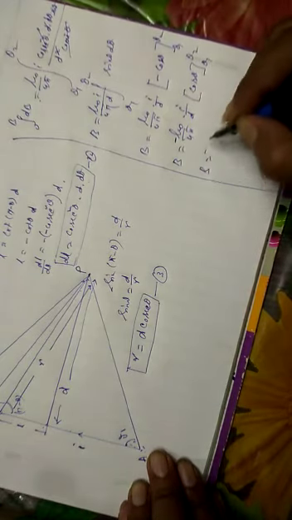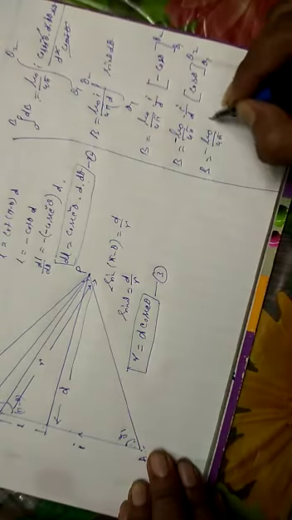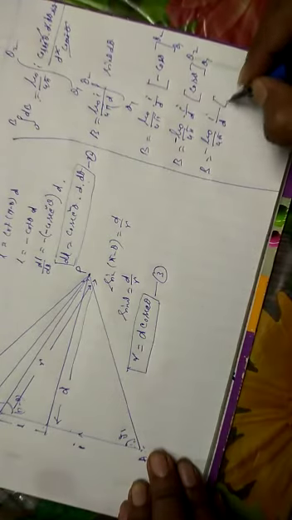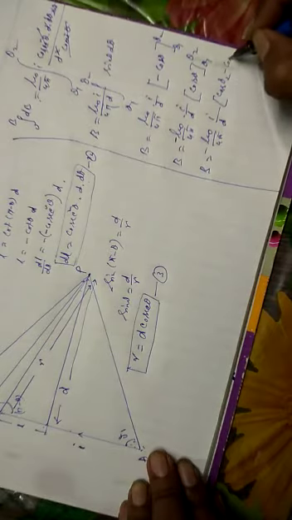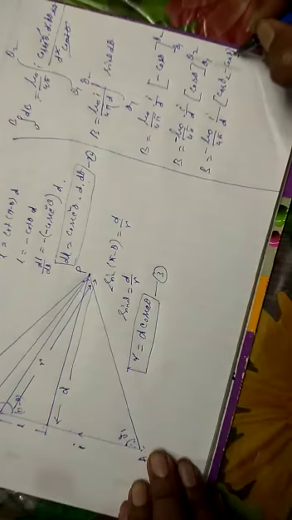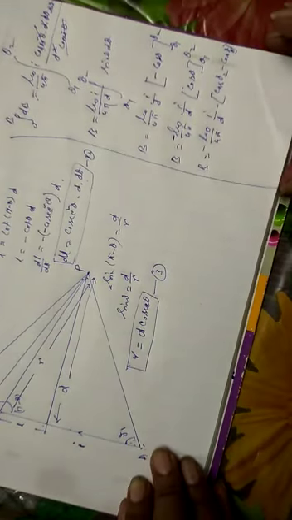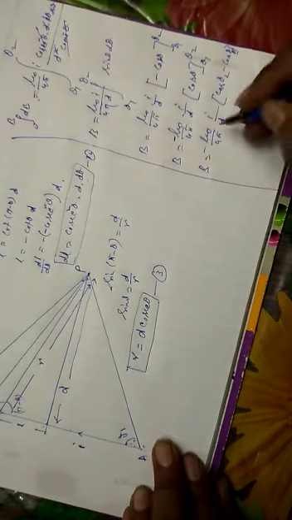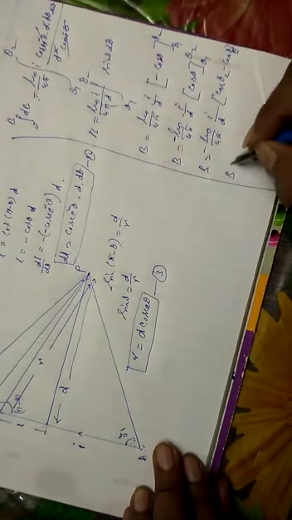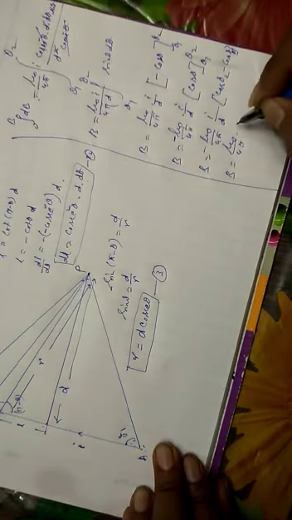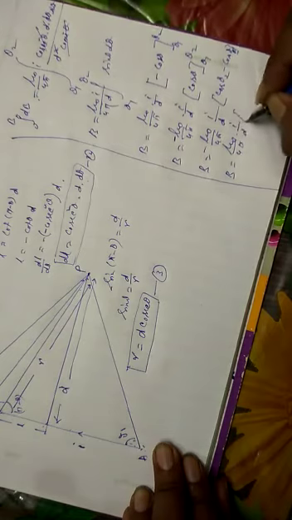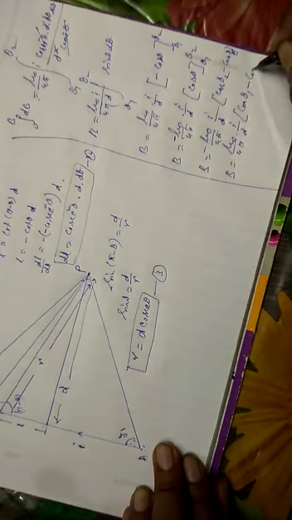So your B is equal to minus mu naught by 4 pi I by d into cos of theta 2 minus cos of theta 1. Now if the minus sign is brought inside the bracket, it turns out to be mu naught by 4 pi I divided by d into cos of theta 1 minus cos of theta 2.